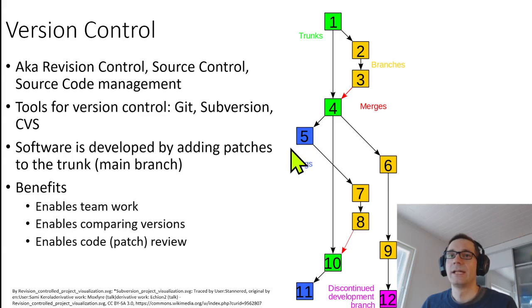So software is developed by adding patches to the trunk, which is the main branch. If we look at the figure, we can see that the trunk or the main branch is the one in green. So there is a version of the source code here on the trunk, and then here on the branch, the developer branches out, makes some changes, makes more changes, and then merges this back to the trunk.